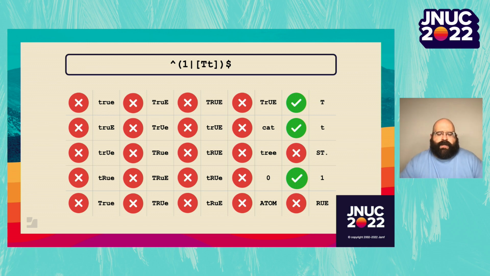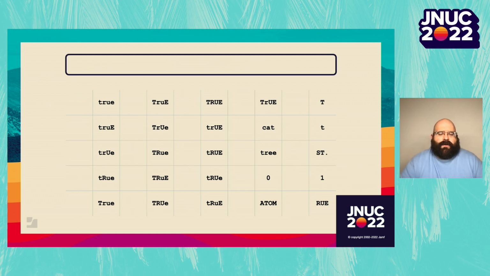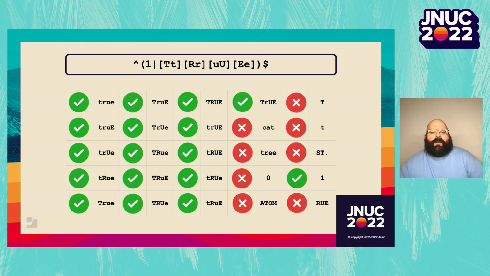All right, so we're getting somewhere now because now we can start adding in our R, U, and E characters. And the first way we would do this is we would go in and simply say 1 or uppercase T, lowercase t, uppercase R, lowercase U, uppercase E, lowercase e.